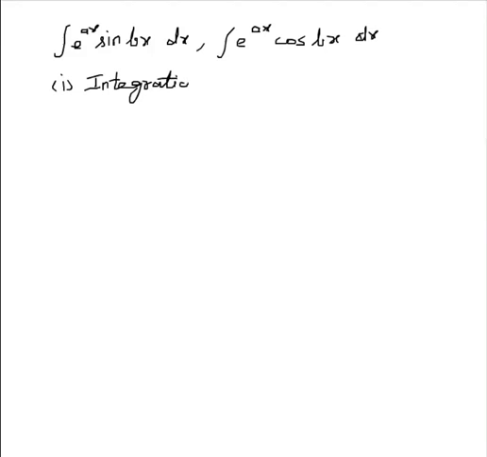If you have integral of e power ax sine bx dx or integral of e power ax cos bx dx, in such cases, integration by parts is applied twice.